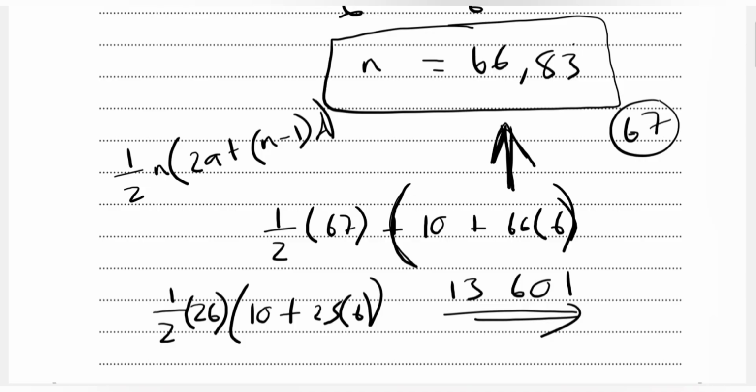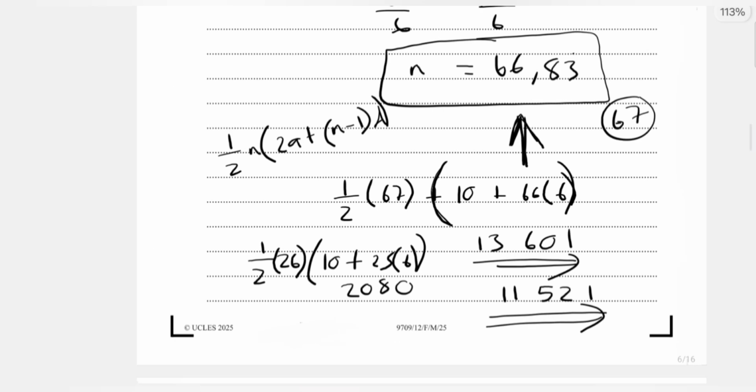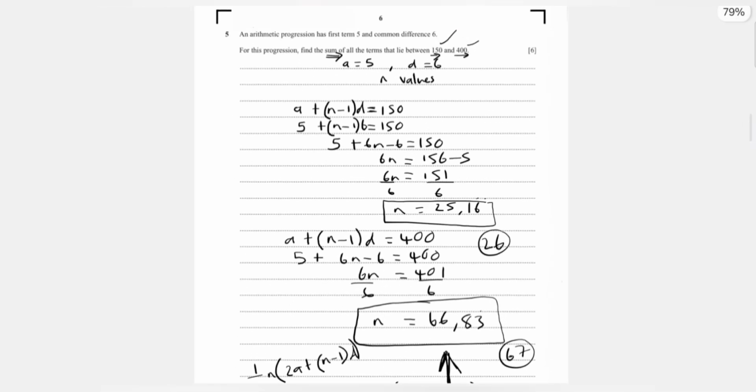And this will give us 13, 10 plus 25 times 6, that's 2,028, right? And subtracting these two, we get 13,601 minus 2,028. That's our 11,521, right?